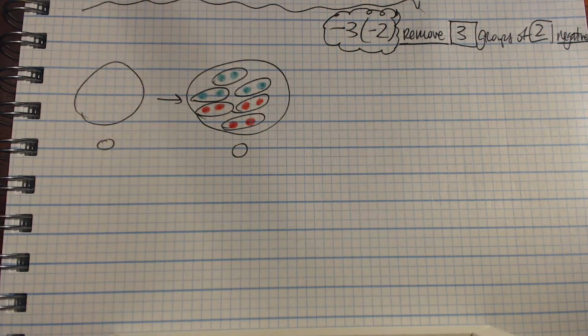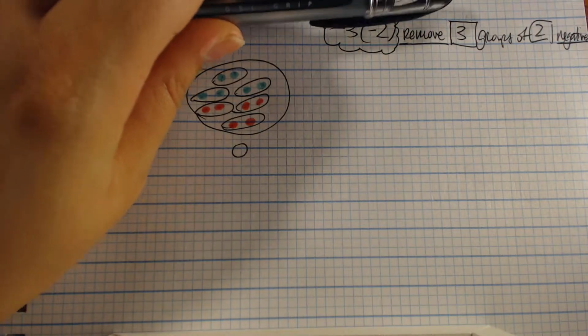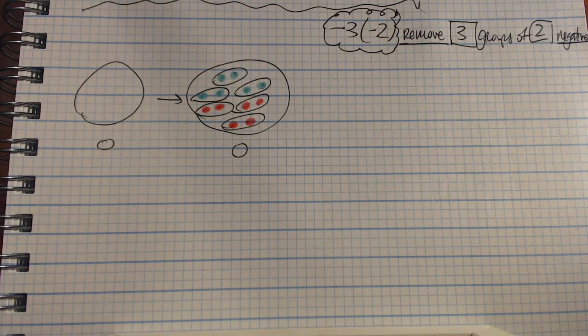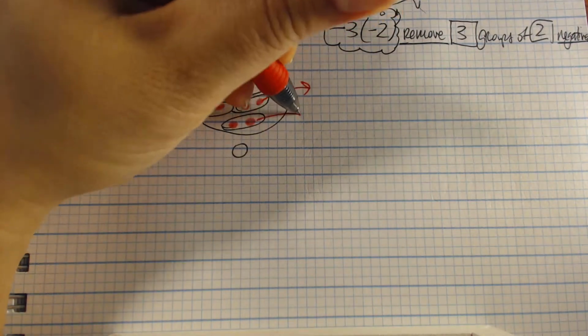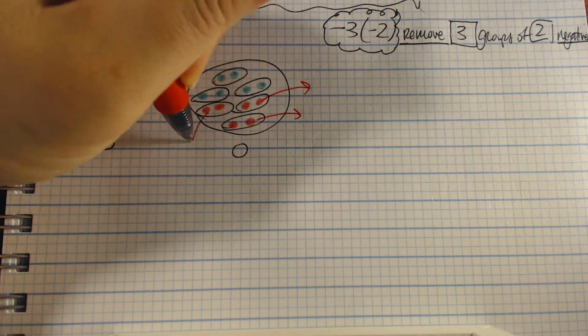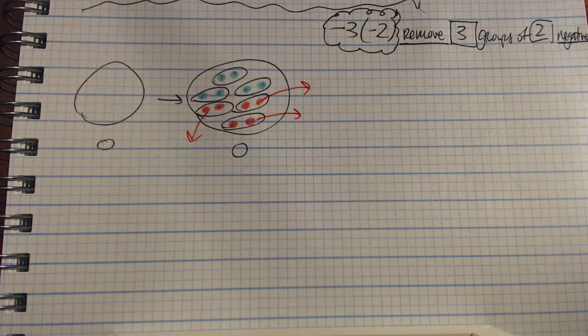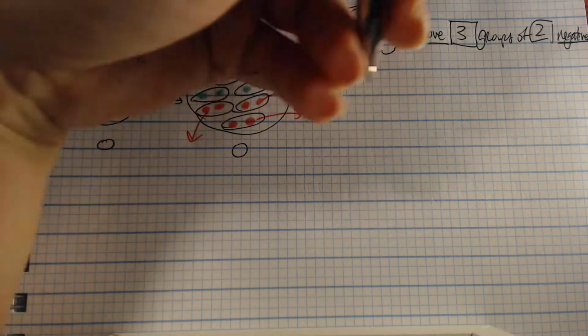Okay, so what I have here, because those all cancel each other out, is 0, and now I have everything I need to follow these instructions. So I'm going to take out 3 groups of 2 negatives. So that's 1 group of 2 negatives, 2 groups, 3 groups of 2 negatives. So all of those leave.